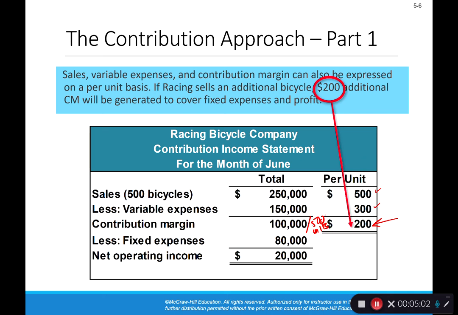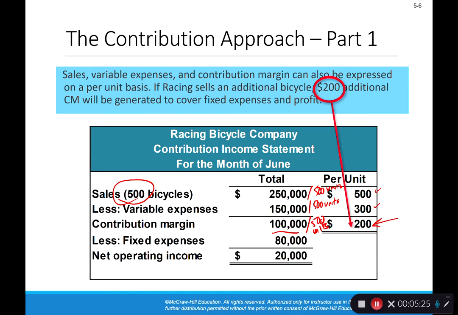So we know we're selling 500 bikes. To get the $500 per unit selling price, we divide by 500 units. To get the variable cost per unit, we divide by 500 units. That gives us $500 and $300, which we subtract to get $200. Or we could have simply taken the $100,000 total CM divided by the 500 units, and we'll get $200 as well.